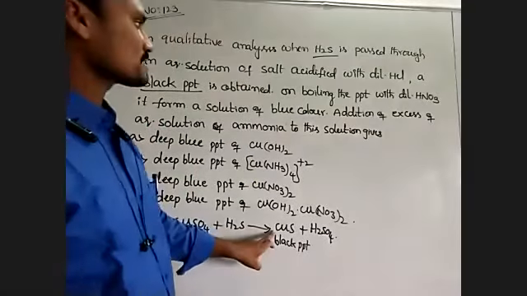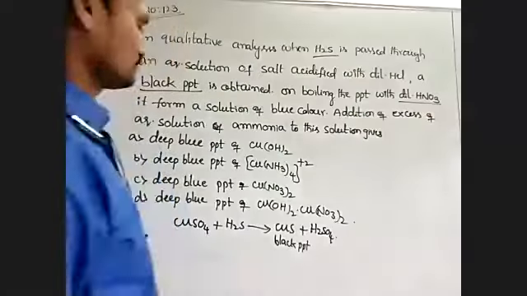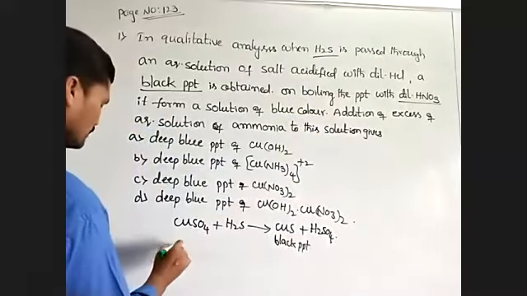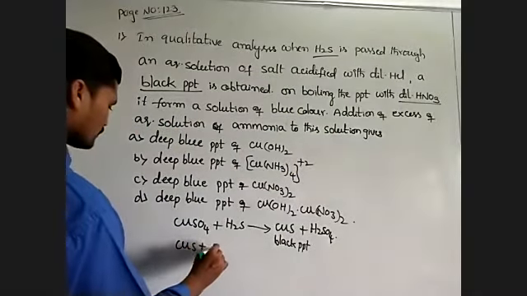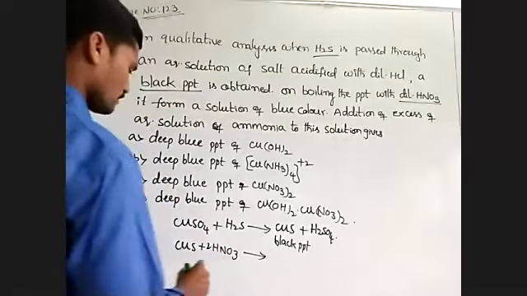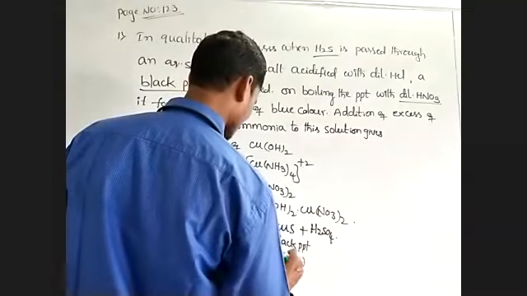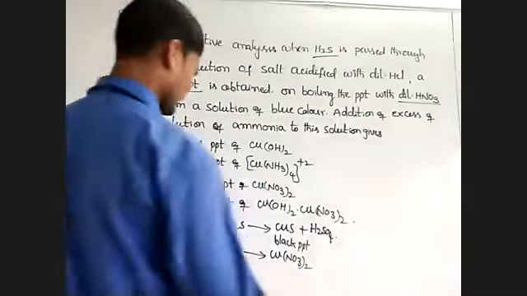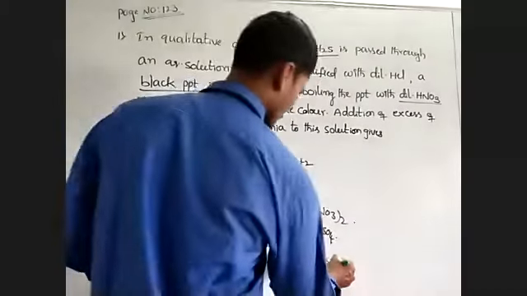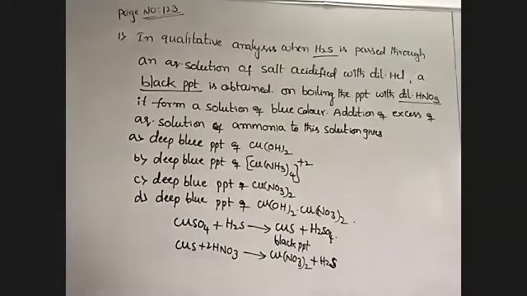When this cupric sulfide combines with dilute HNO3, CuS combines with HNO3 and forms copper nitrate, Cu(NO3)2, and hydrogen sulfide again.